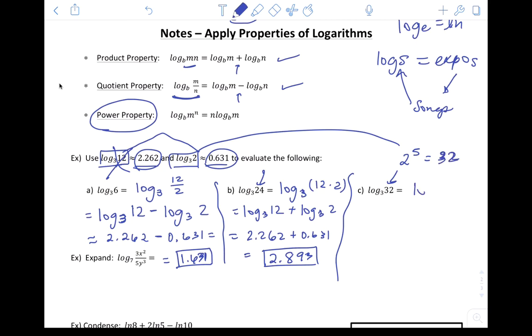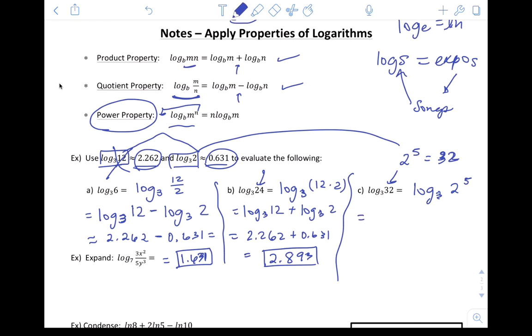So if this is the same thing as 2 to the 5th, so these are equal to each other. I see a power to a power. What do you do? You drop the exponent, the little power, down in front, and you multiply. Boom, just like that.